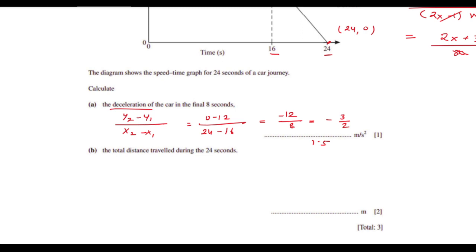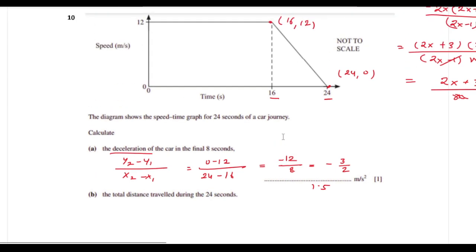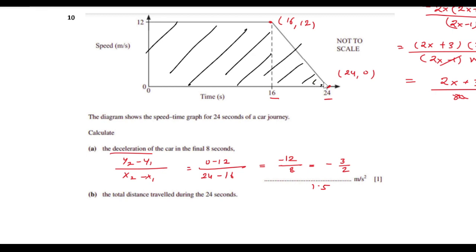Now the B part is the total distance traveled during the 24 seconds. So in these 24 seconds, what is the total distance? Total distance is nothing but the area of this particular graph. You can see that this is of a trapezium shape. So the formula for area of a trapezium is half the sum of the parallel sides.